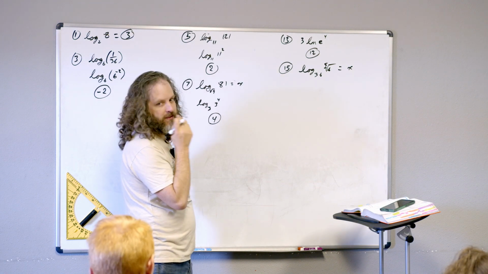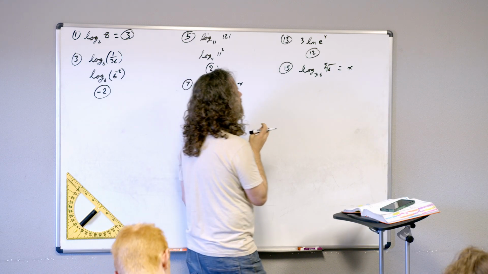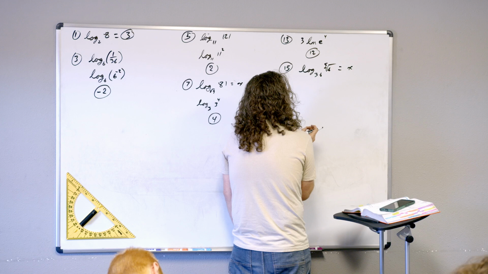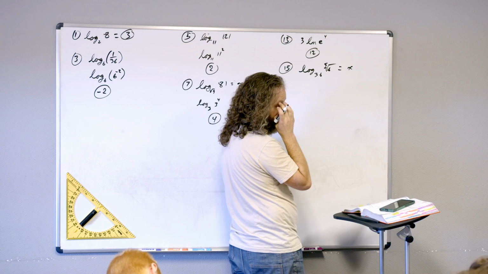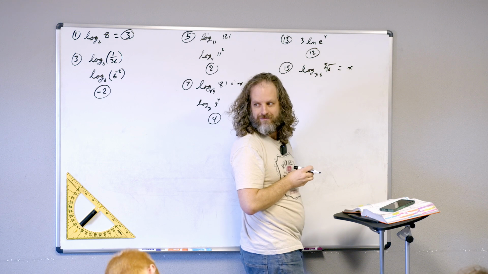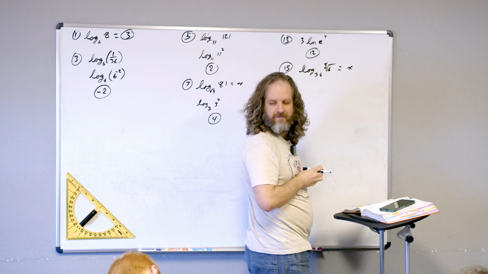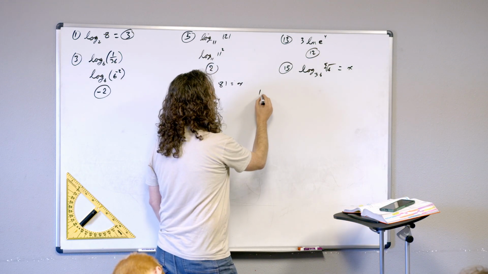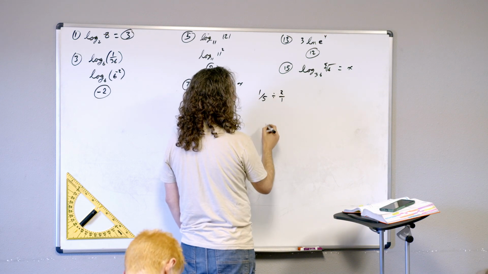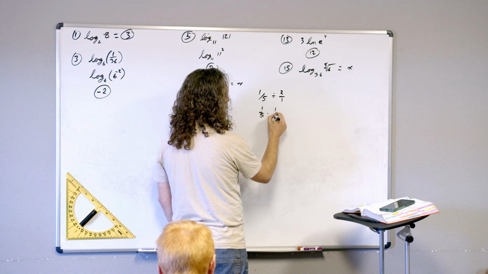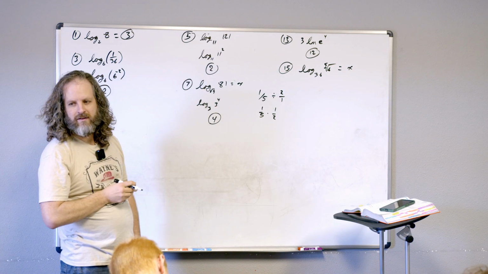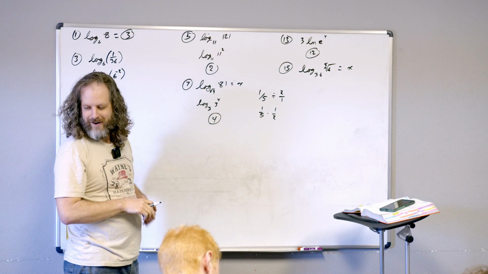What's 1/5 divided by 2? 2/5? Oh, no. 1/10. Because it's 1/5 divided by 2, which would be 1/5 times 1/2.